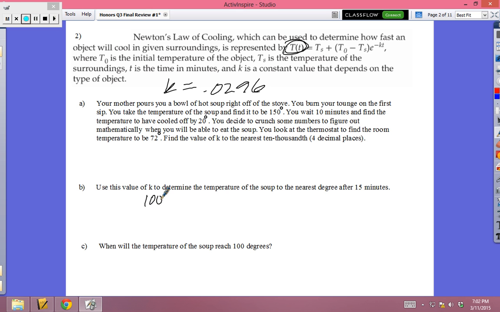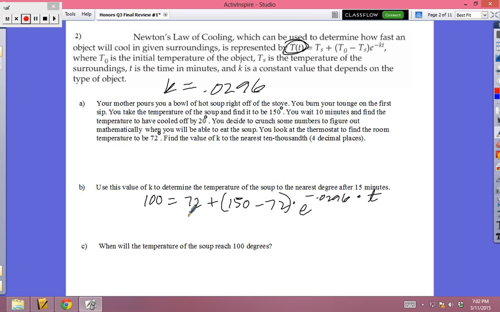So 100 degrees equals 72 plus 150 minus 72. Multiply that by e raised to the negative 0.0296 times the unknown time.